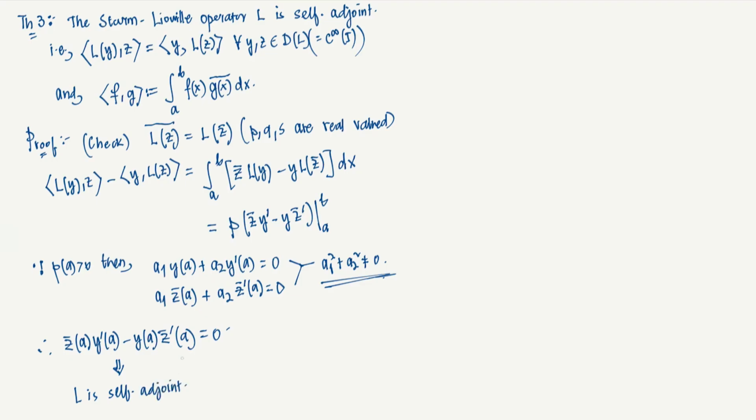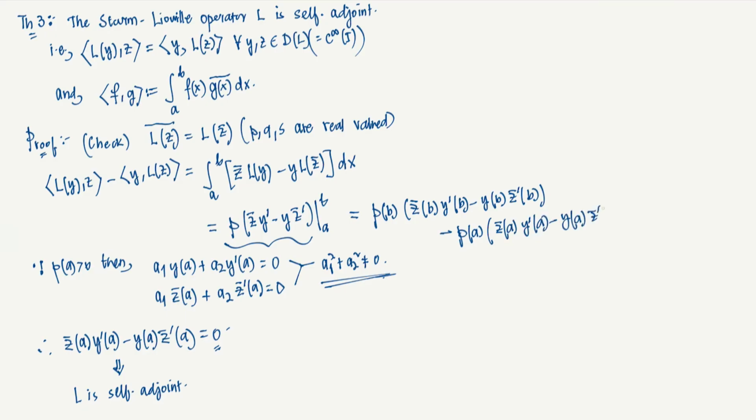If you write it like this, this is P of B times (Z bar at B, Y prime at B, minus Y at B, Z bar prime at B), minus P of A, same thing with A replacing B. Now this particular thing at A is 0, and similarly, since I did it for A, the same thing also works for B. So this is also going to be 0.